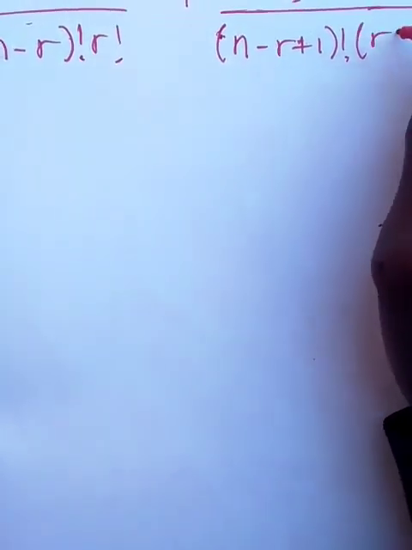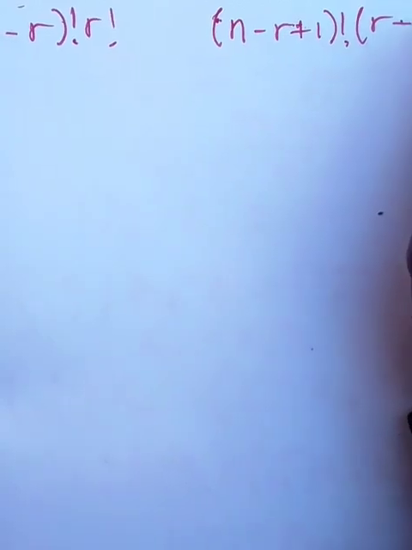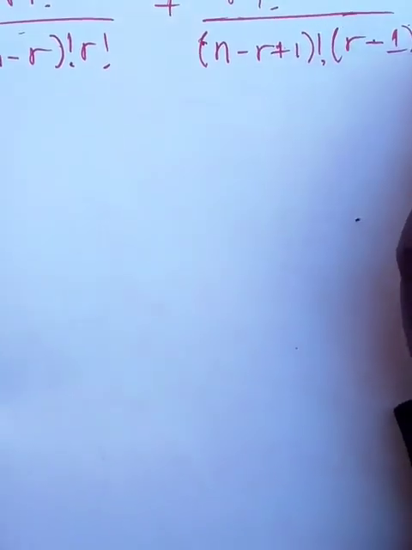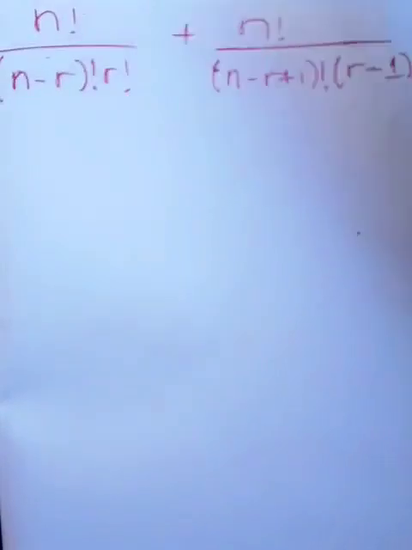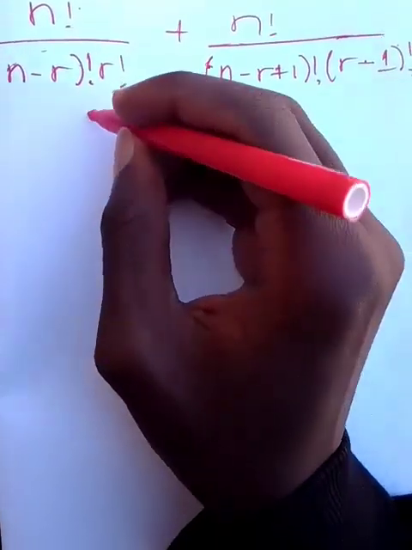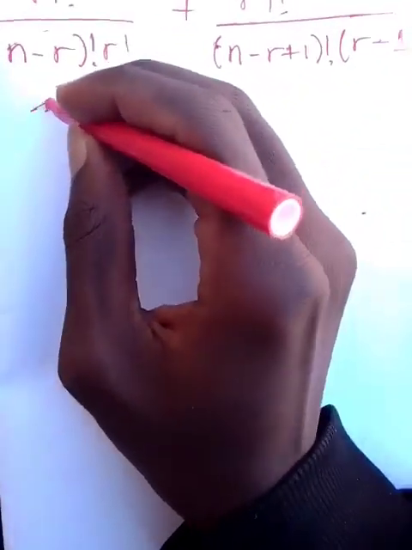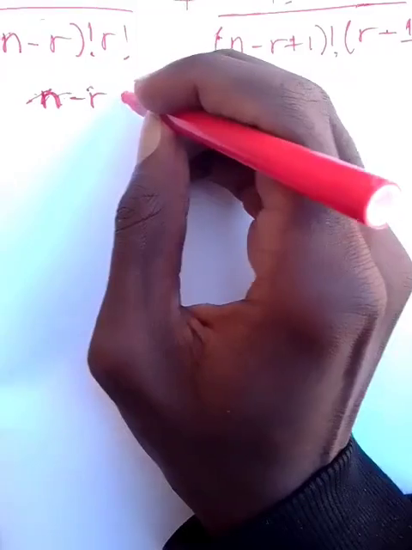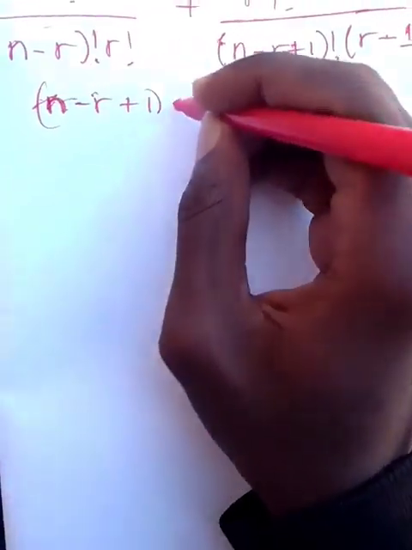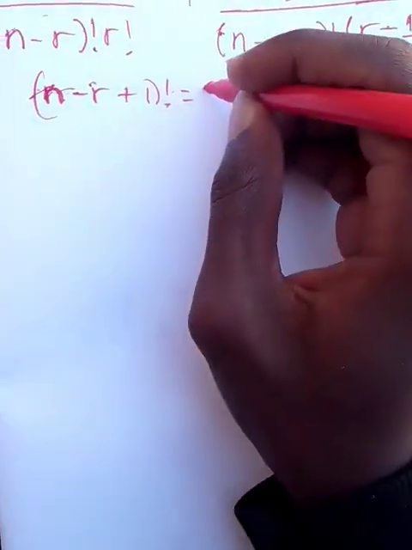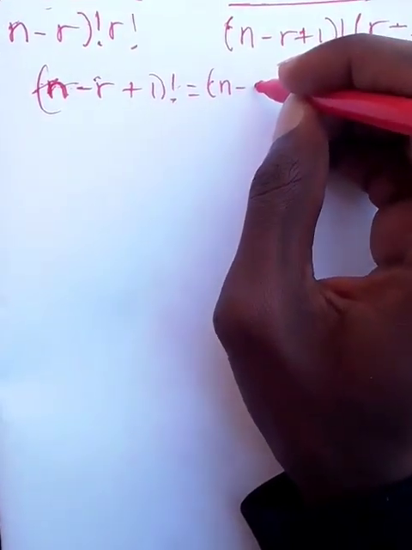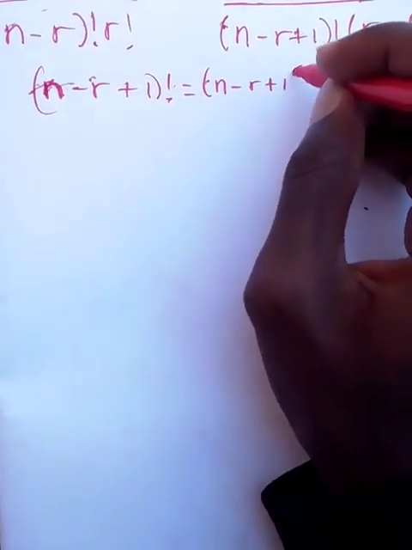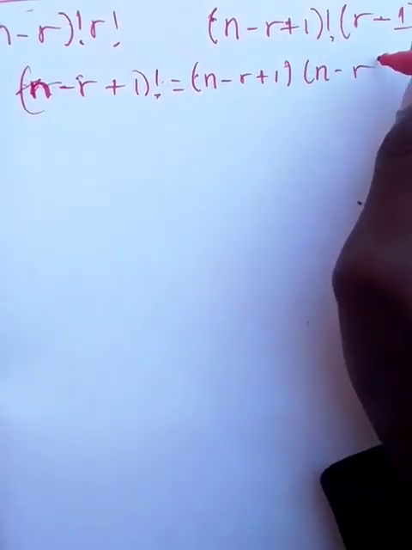So let's write. I'm just copying where we ended up, then I start substituting so that you can see how I'll be substituting. Okay, so recall that we've just figured out that where it is n minus r plus 1, when we break down this factorial, we are going to have n minus r plus 1, n minus r factorial, right?